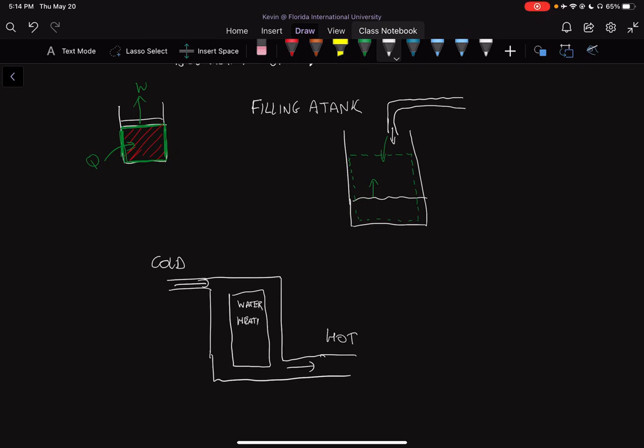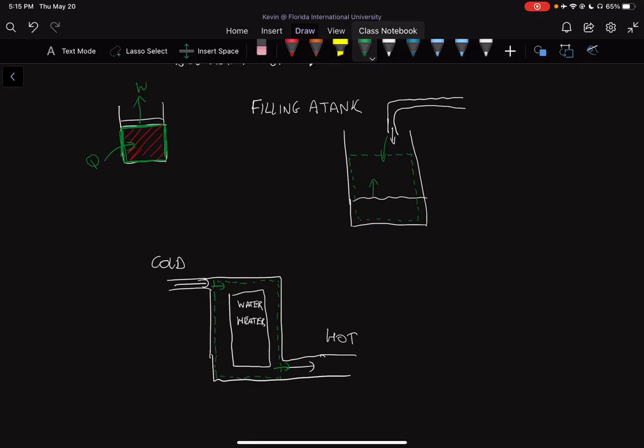And the water would flow around this water heater. Now, we define our boundary as shown below, and you can clearly see that there's some mass crossing the boundary here and some mass exiting the boundary through the exit where the hot water comes out.